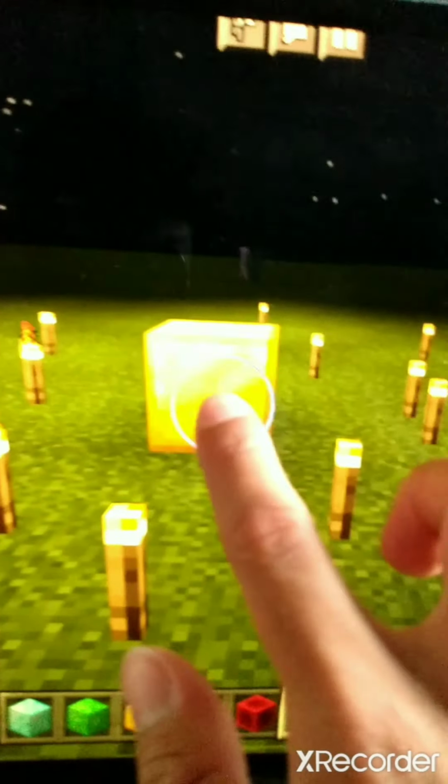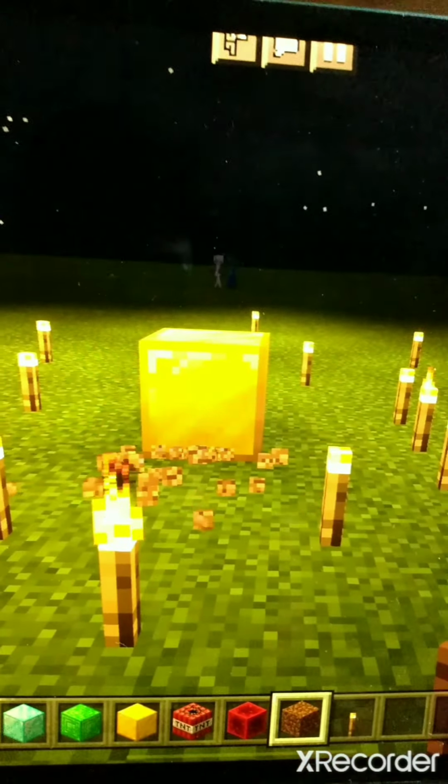That is the density of our gold block right there.